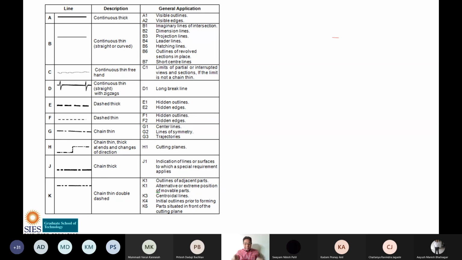Now the worker will understand the drawing: I want to make a part like this, it should be given a taper from here, then a slot from here, and the dimension should be like this. The person who has designed this, meaning who has finalized the shape and the dimension, will not go and explain to the supervisor or the worker. He will understand it from the drawing. That's why we need to draw a drawing.